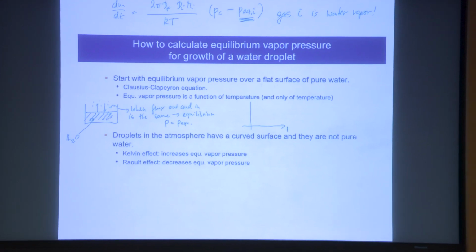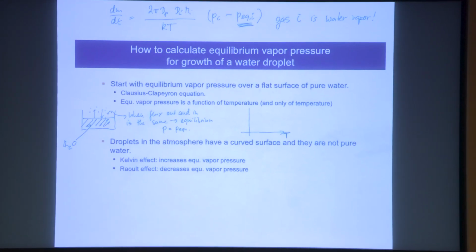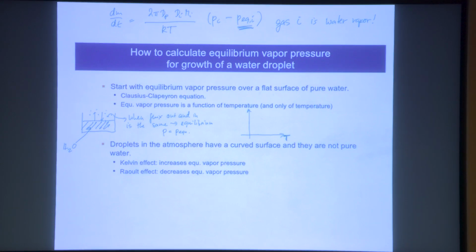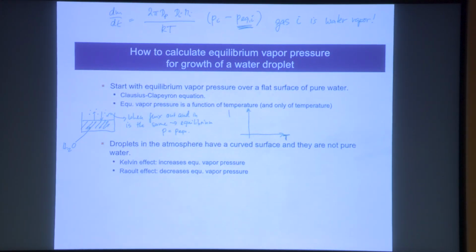So if this is temperature, I'm not drawing a size distribution now for a change, and here is our equilibrium vapor pressure as a function of temperature. Let's call this here 0 degrees Celsius. It's an exponential function, right? A very strong function of temperature.